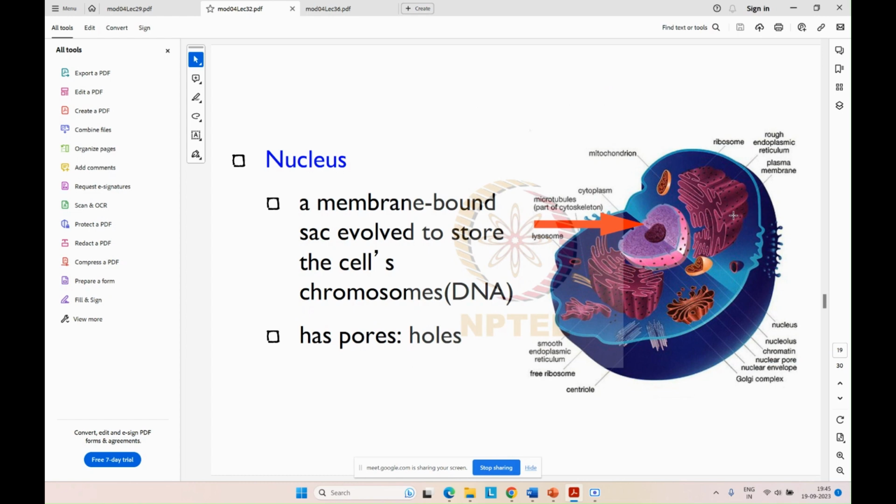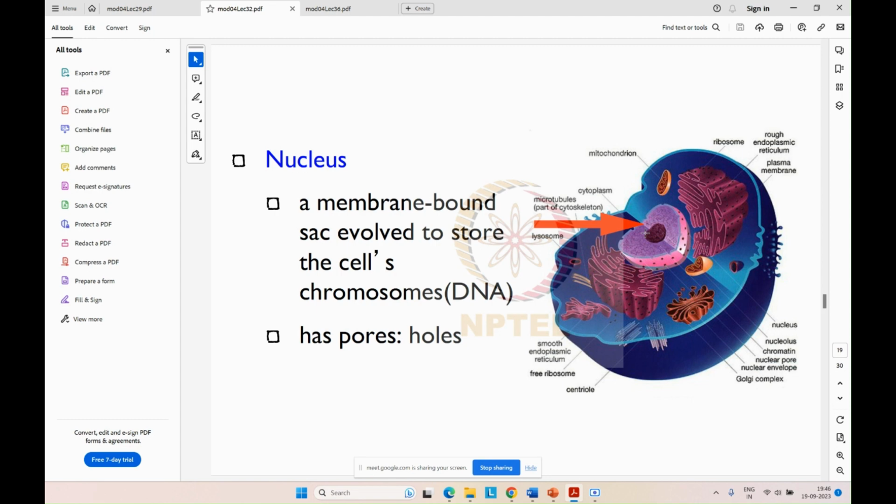Now, coming on to the nucleus, which stores your genetic material, the nucleus is encapsulated in a lipid bilayer, and the DNA is folded into chromatids, and these chromatids can then organize themselves to form chromosomes.